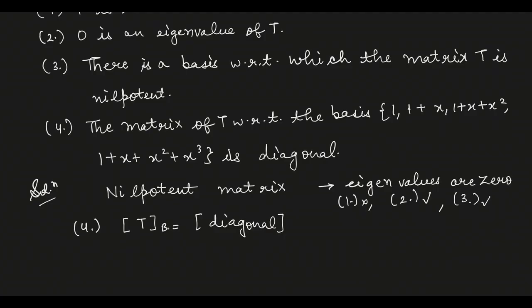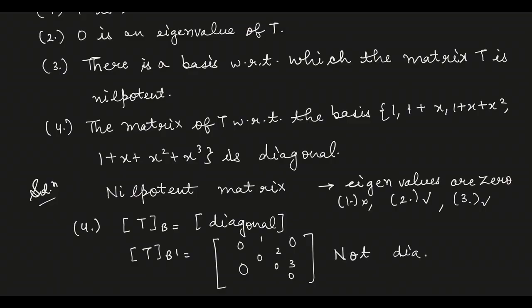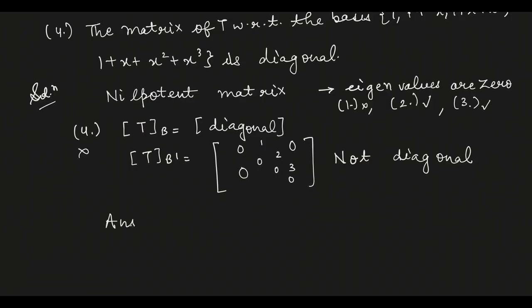But when we see it, it is 0, 0, 0, 0, 1, 2, 3, and the rest of the entries are 0. So it is not a diagonal matrix. Yes, it is not diagonal. That's why option 4 is wrong. So the answers are option 2 and 3.